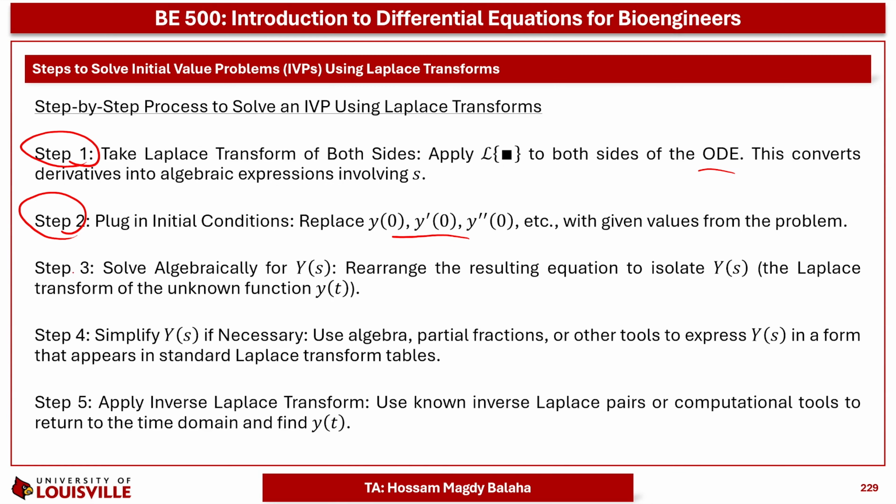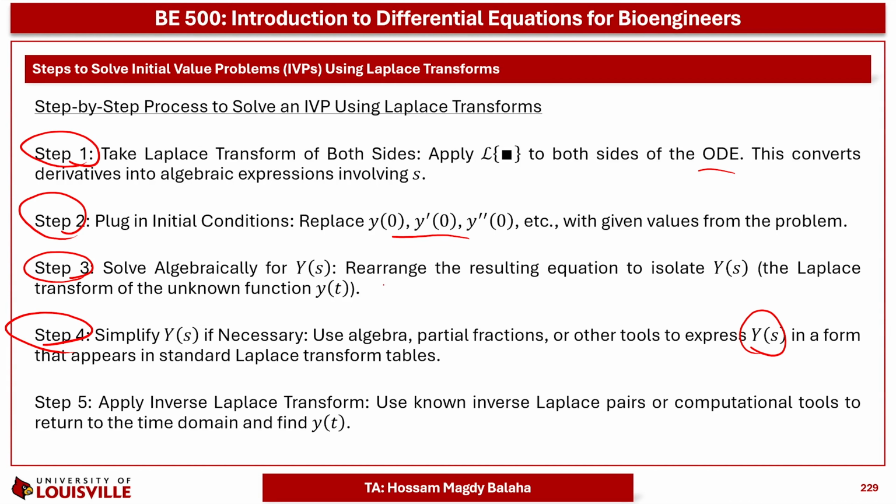The third step is to solve algebraically for Y(s), by rearranging the resulting equation to isolate Y(s), the Laplace transform of the unknown function y(t). The fourth step is to simplify Y(s) if necessary, using algebra, partial fractions, or other tools to express Y(s) in a form that appears in standard Laplace transform tables.